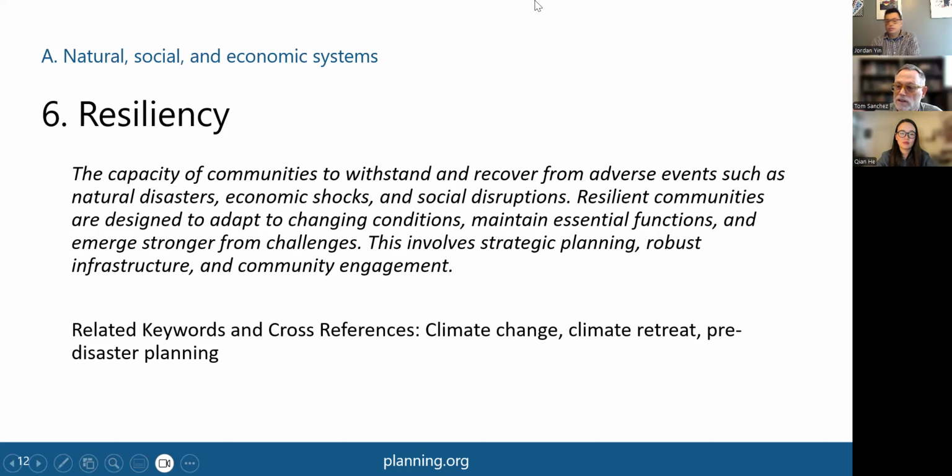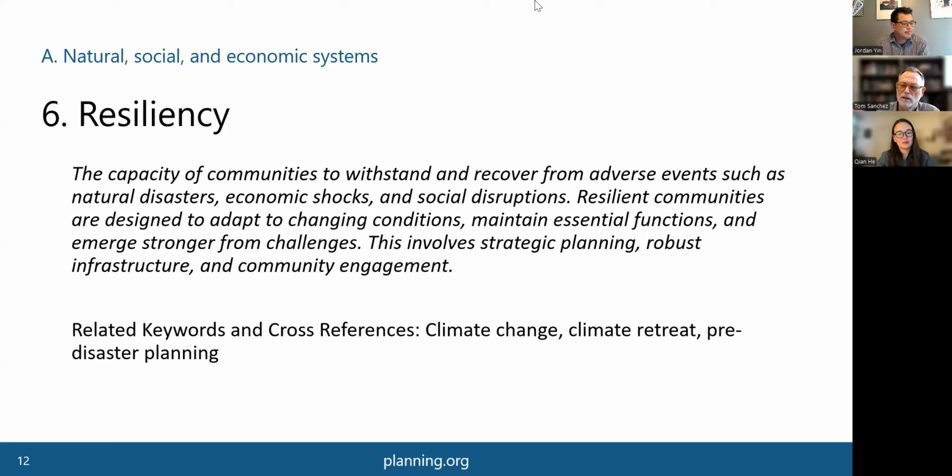And we're looking at resilient communities as being designed to adapt and change to changing conditions, while trying to maintain essential functions and emerge stronger from these challenges.